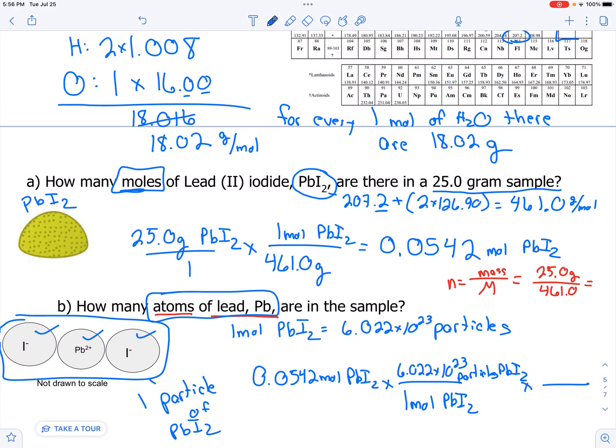So now I have to look at this formula, or my model of the formula, either one, and see, for every one particle of PbI2, there is one atom of lead. If it had asked me for atoms of iodine, then it would be 2 atoms of iodine for every one particle. So I'm just basically taking this apart, and since now I have a one-to-one relation, for every one particle of PbI2, there is 1 atom of lead.